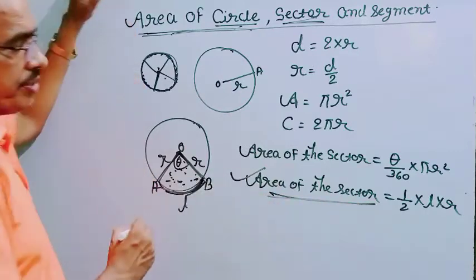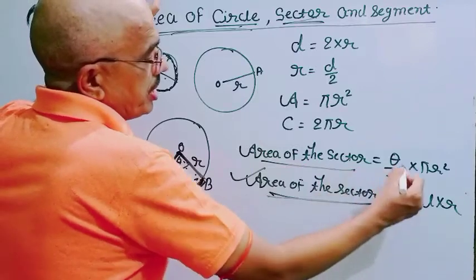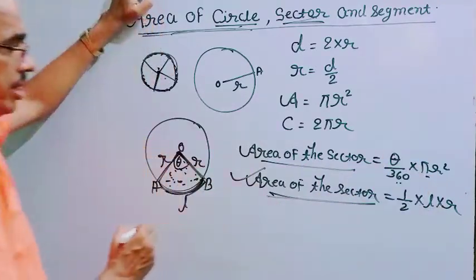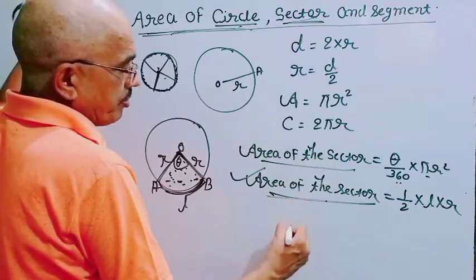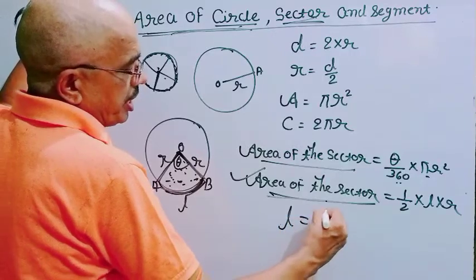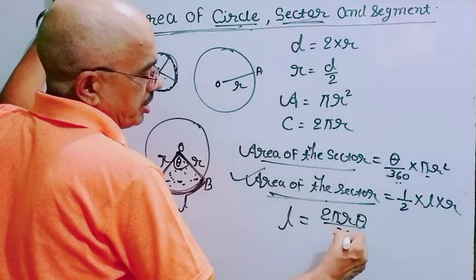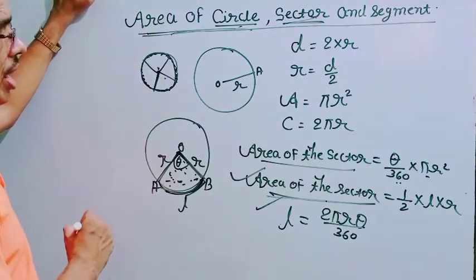And if theta is given, then you can use theta by 360 pi r square. Now, the other formula: what is the length of the arc? It is equal to 2 pi r theta by 360. L is denoted as the length of the arc.